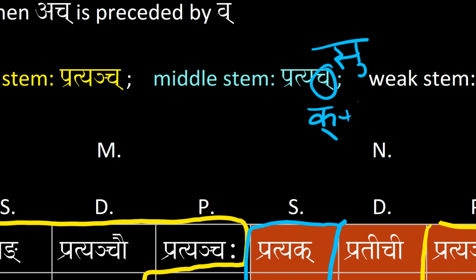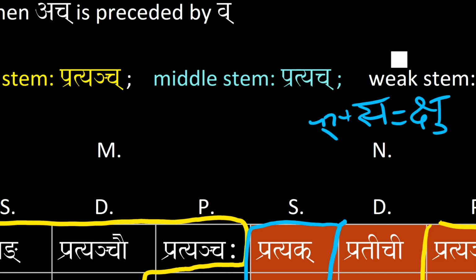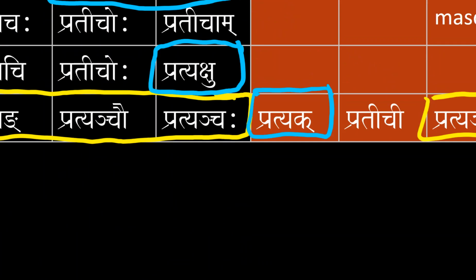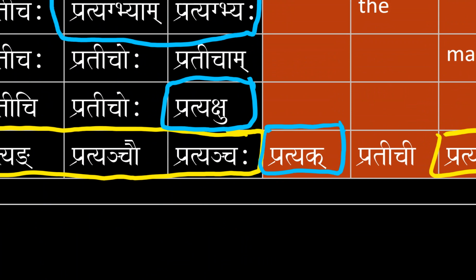So ka plus the sa is going to give you kshu. That was basically the sandhi rule when we were going over the consonant sandhis, and that is something for you to look over. So that's how you end up with pratyakshu.